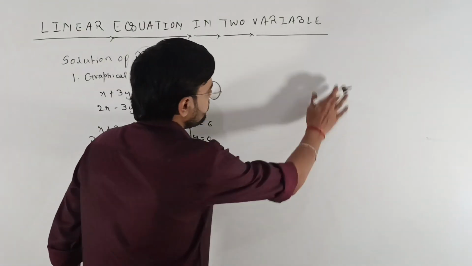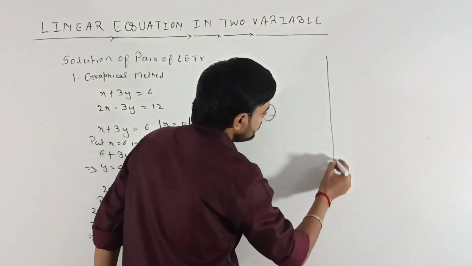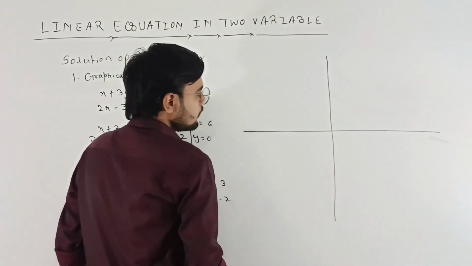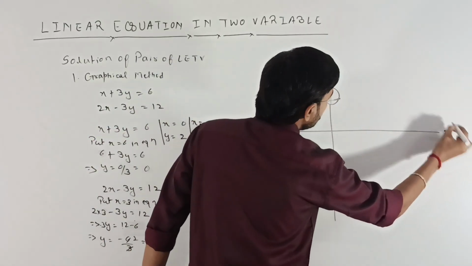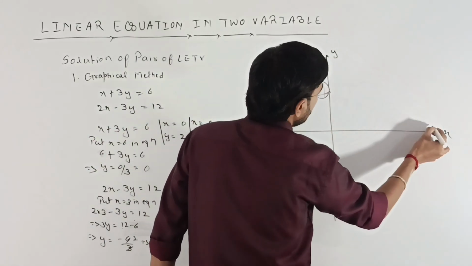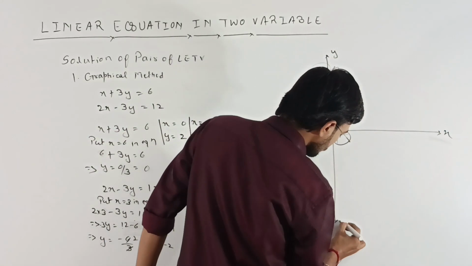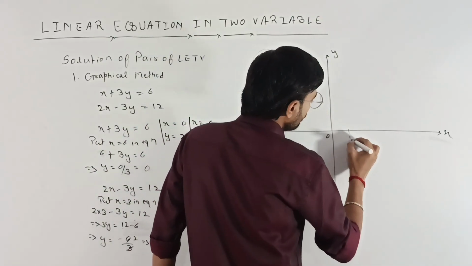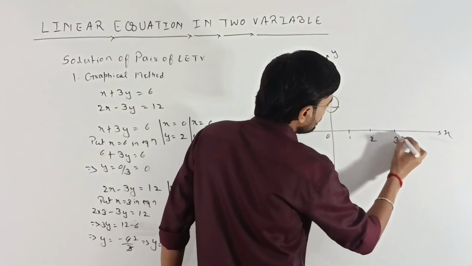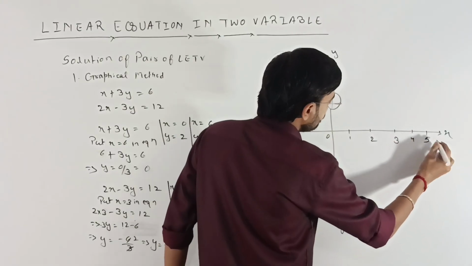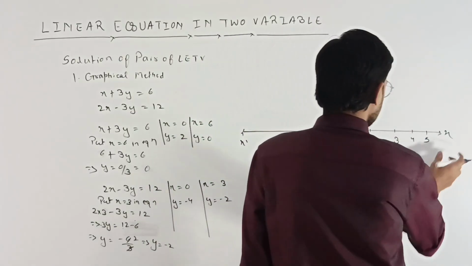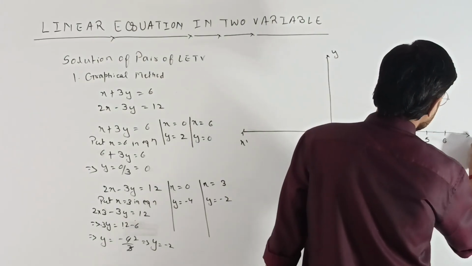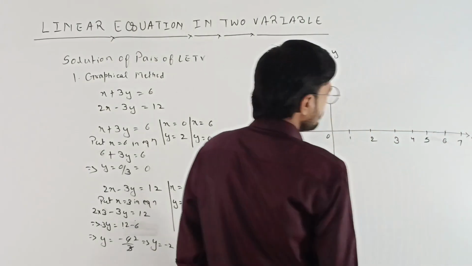Now look, what is the graph? This is the x-axis and this one is the y-axis. This is 0, 1, 2, 3, 4, 5, and one more, 6 and 7.